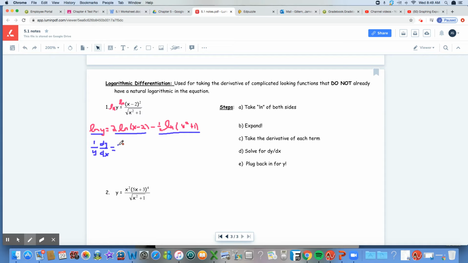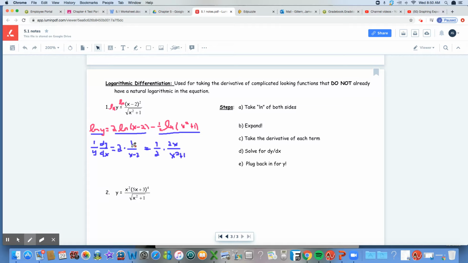Now I get 2 times the derivative of x minus 2, which is just 1, because the derivative of x is 1 and of 2 is 0, over x minus 2, equals minus 1/2 times the derivative of x squared plus 1, which is 2x, over the inside, which is x squared plus 1.